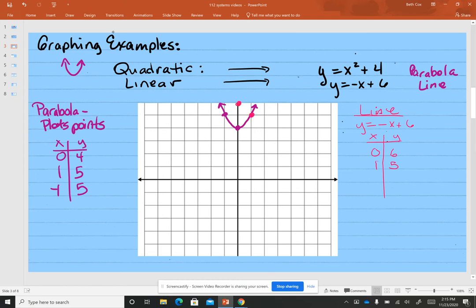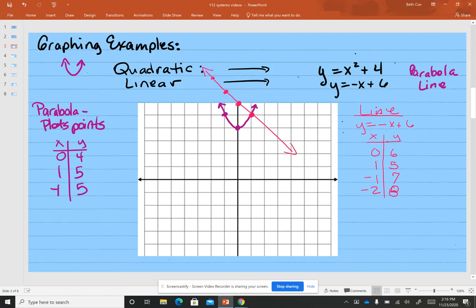And if I plug in -1 for x, I'm going to get 7. And if I plug in -2 for x, I'm going to get 8. Okay, so I have this line that I'm going off the grid on.